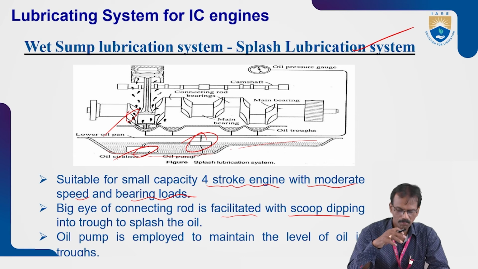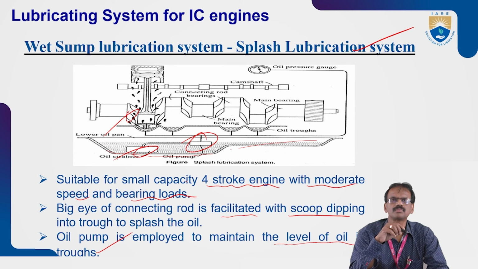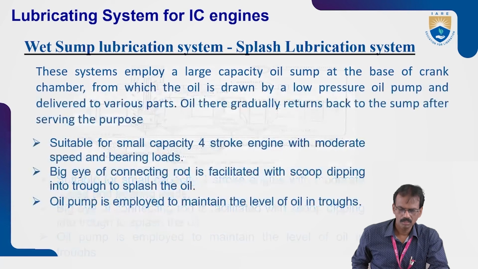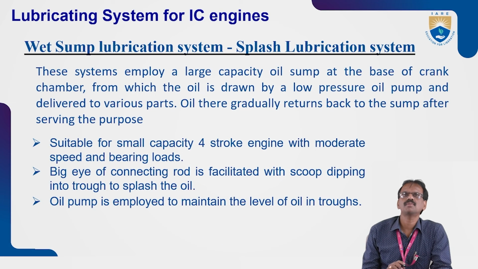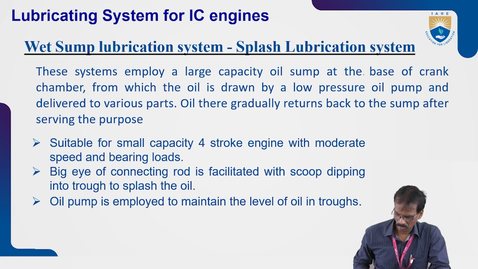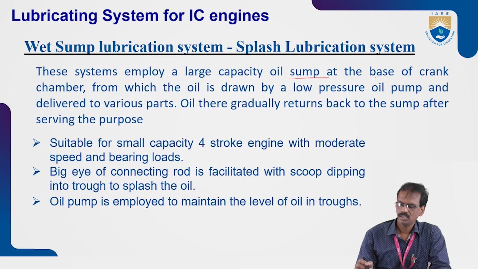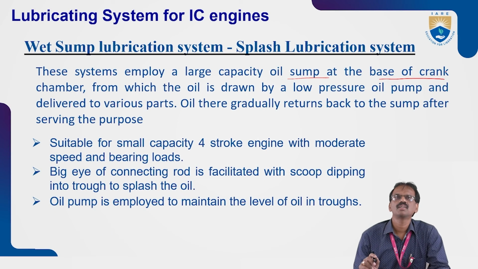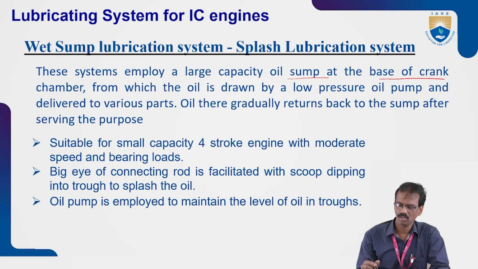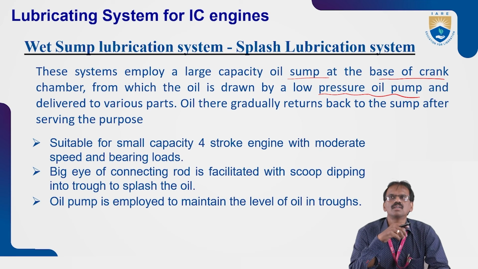The oil pump is employed to maintain the level of oil in the troughs. Let's see a few points regarding this. This system employs a large capacity oil sump at the base of the crank chamber, under the crank chamber, from which oil is drawn by a low pressure oil pump.